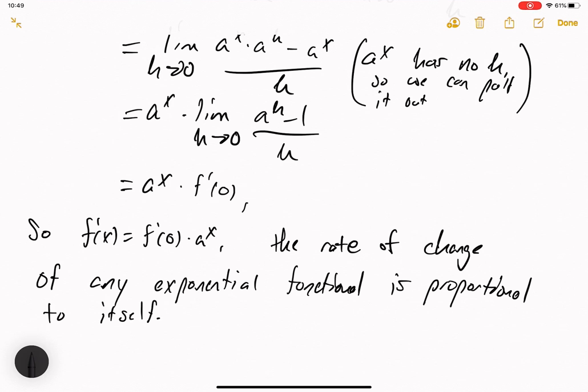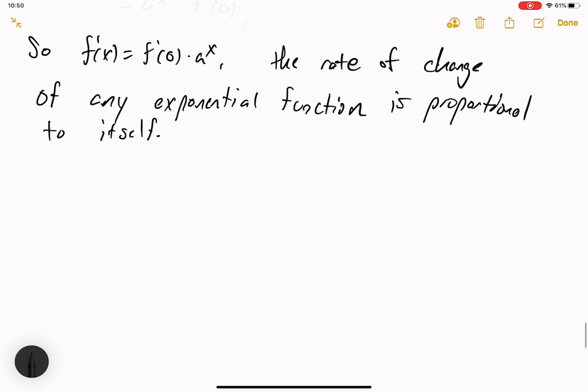It just means that when you find f prime of x, you just get the function itself times some constant. In this case, the constant is just f prime of 0.